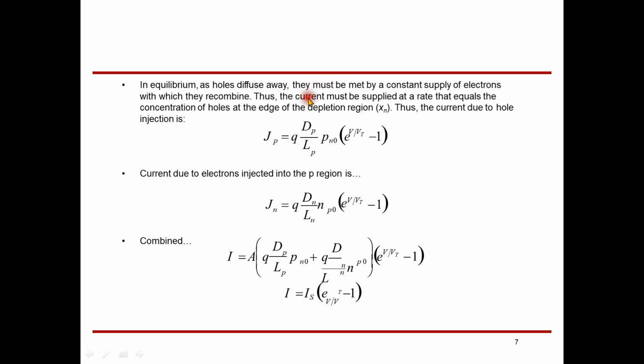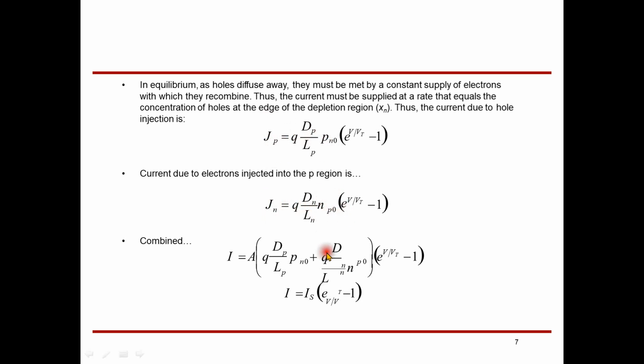We know the relation, the Einstein relation. According to that, Dp by Lp here can be changed into Pn0 and Np0. For a p-type semiconductor, the electron will be the minority carrier, and for an n-type semiconductor, the hole will be the minority carrier.